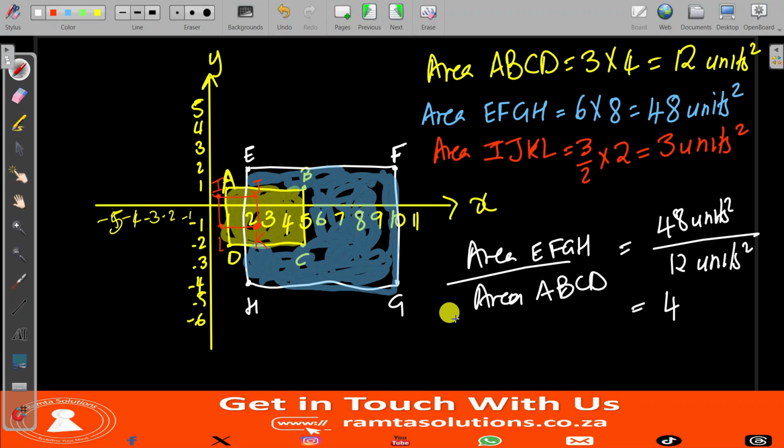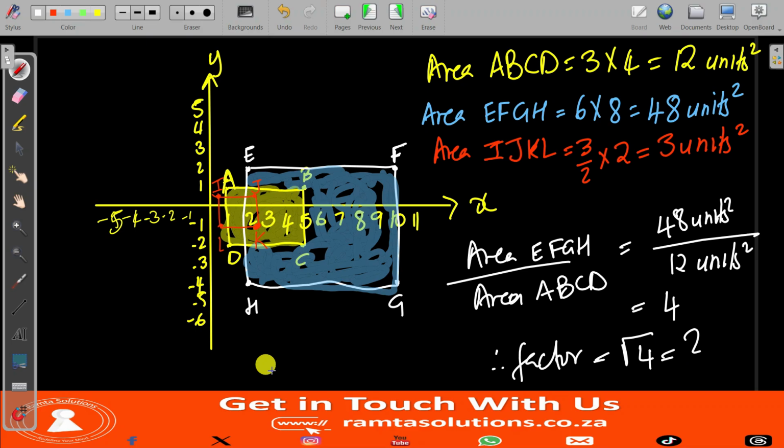If you were to say the length of whatever side, let's say length EH over length AD, you will realize that you get exactly 2, which shows you the scaling factor. Therefore, our factor is the square root of 4, which is 2.